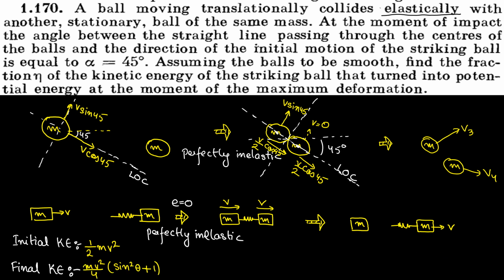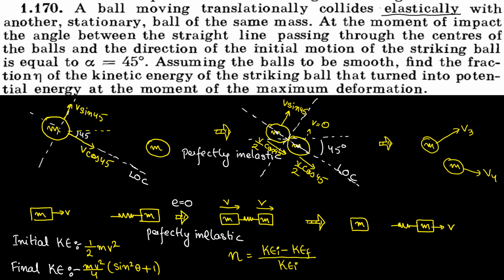So the percentage of kinetic energy that is converted into the potential deformation energy, how do I find out the percentage? Percentage is equal to initial kinetic energy minus final kinetic energy, that is the change in kinetic energy, or the kinetic energy that was used to deform the body, divided by initial kinetic energy, isn't it?